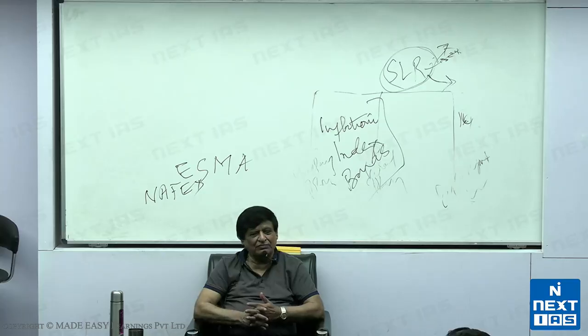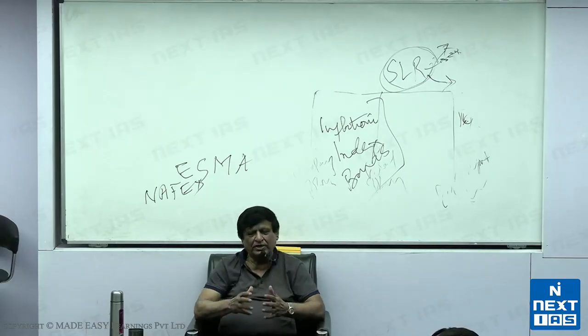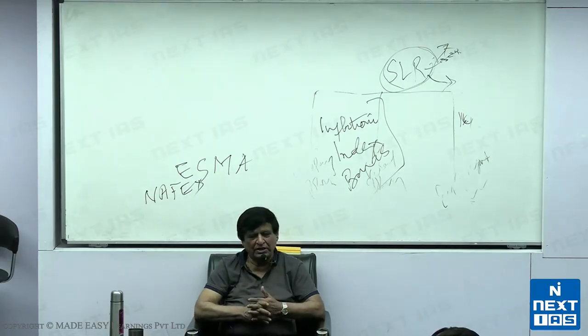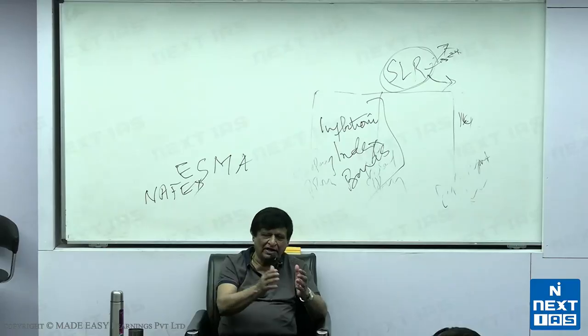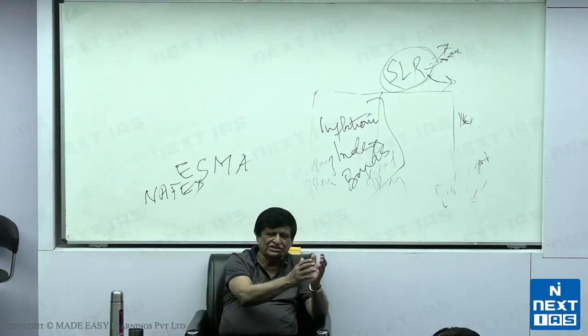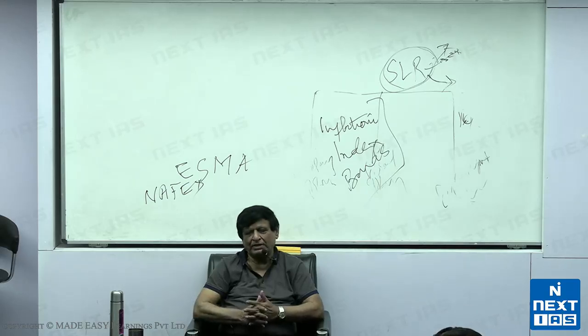So I thought it was important for me to mention in a general way that while inflation targeting has been adopted by quite a few countries as a major objective of the RBI's or central bank's monetary policy, now gradually some countries are realizing that let's not stick to this as a principal objective. All right?